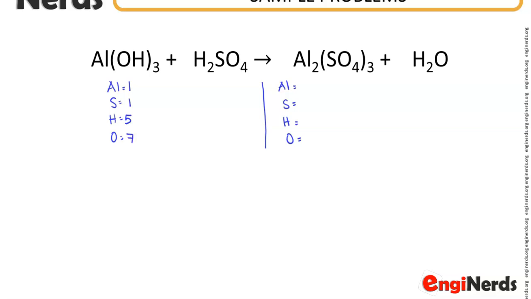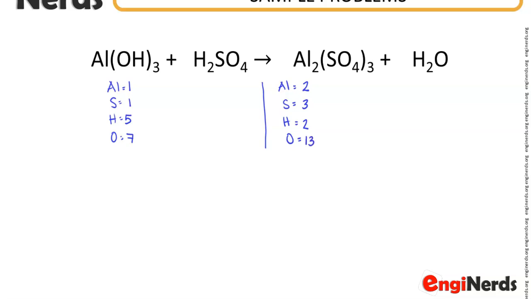Okay, so bilangin naman natin yung nandito sa product natin. So aluminum we have 2, sulfur we have 3, hydrogen we have 2 sa H2O natin, and oxygen we have 4 times 3 plus 1 is equal to 13.